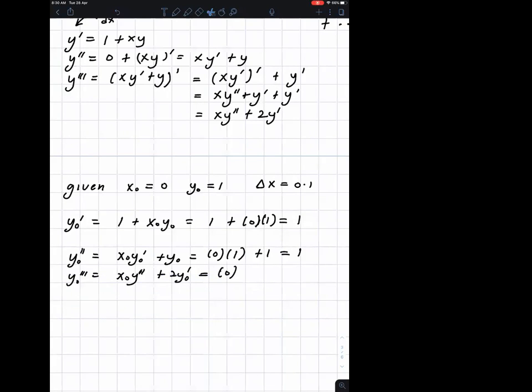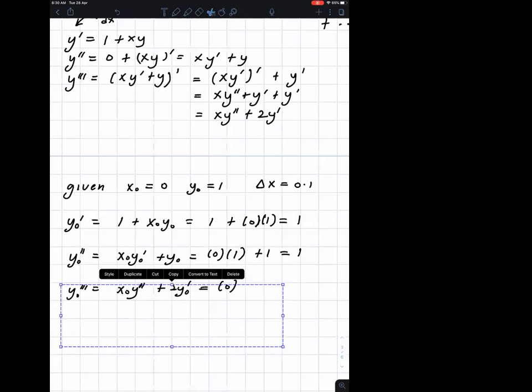It's not x naught y triple prime. Y naught triple prime equals x naught y naught double prime only. Yes, it's supposed to be that. Thanks.